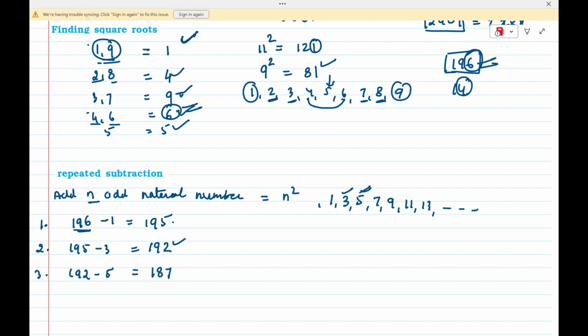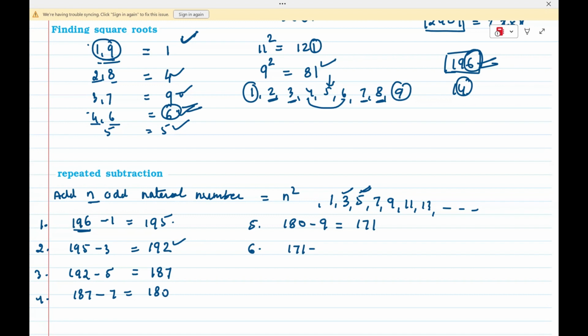I'll get 187. Next, 187 minus 7 gives 180. Then 180 minus 9 gives 171. Keep doing this until you get 0 at the end.